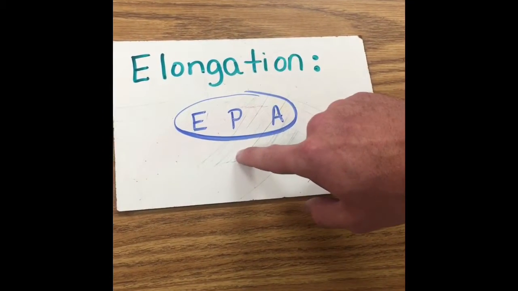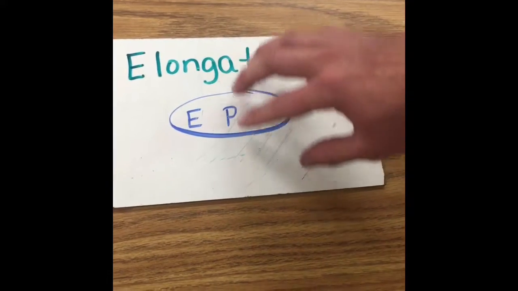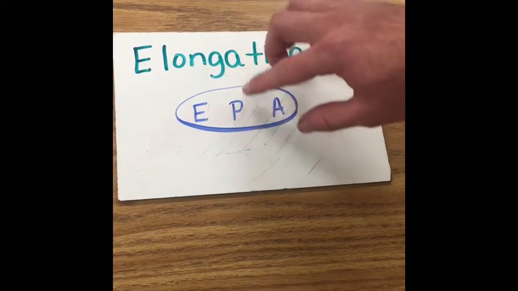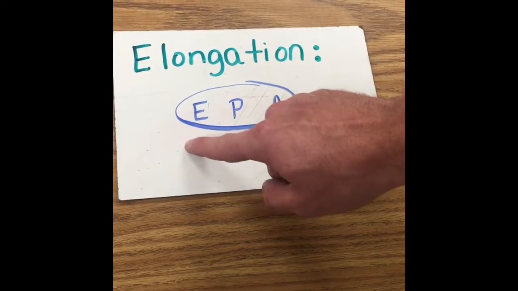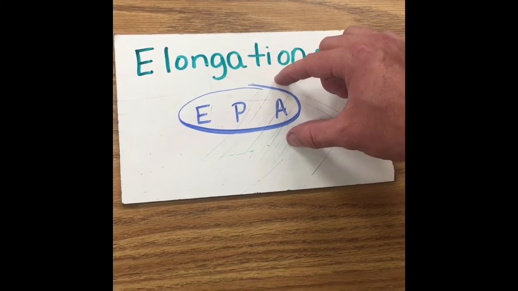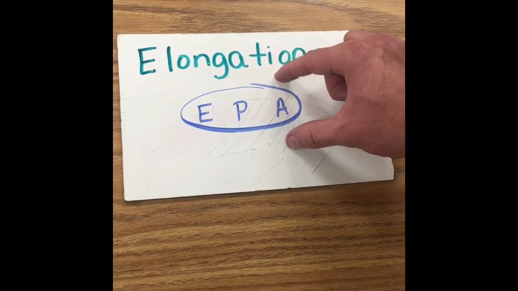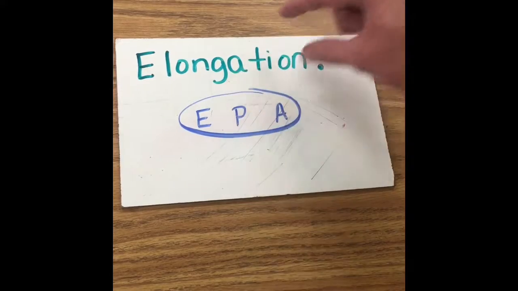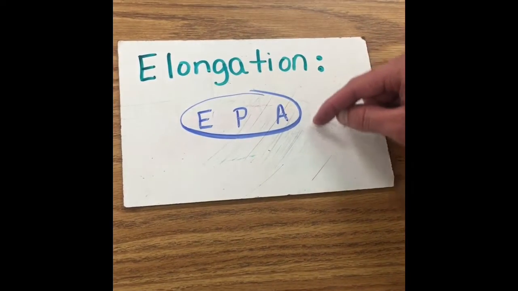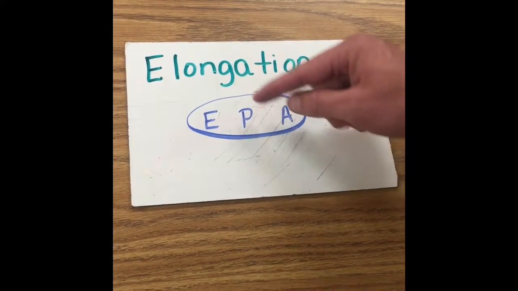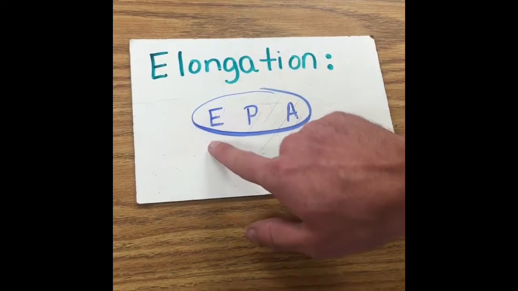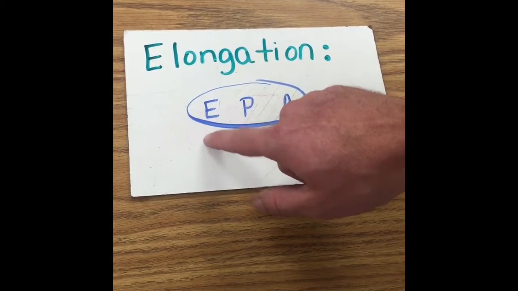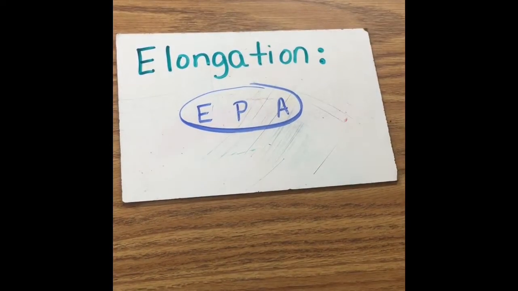The tRNA that was in the P spot no longer has the amino acid, so it moves to the E spot. The amino acid chain with the peptide bond now moves to the P spot, and another tRNA comes in to the A spot as the tRNA that was in the E spot leaves.